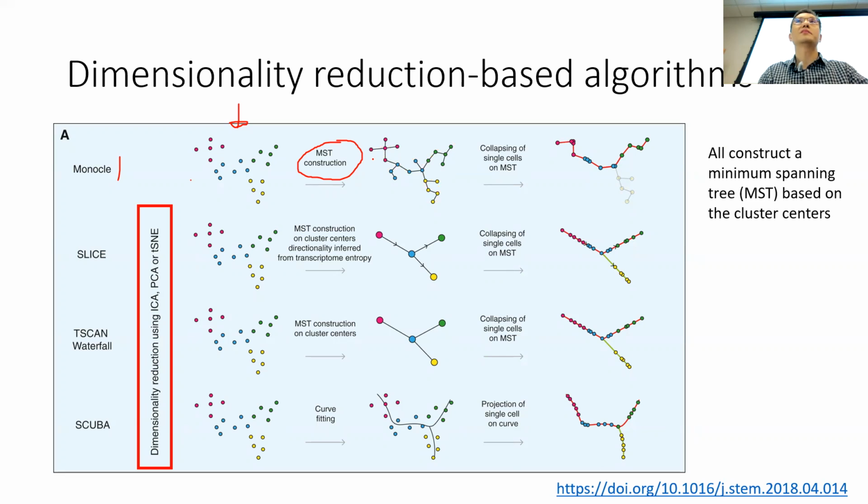The minimum spanning tree means you find a tree which links all the subgroups of cells, but the total length of the tree branches will be the smallest, while all the cell populations are connected. Slingshot also uses the minimum spanning tree construction, but only looks at the cluster centers.